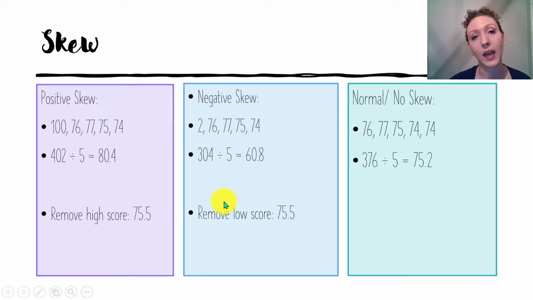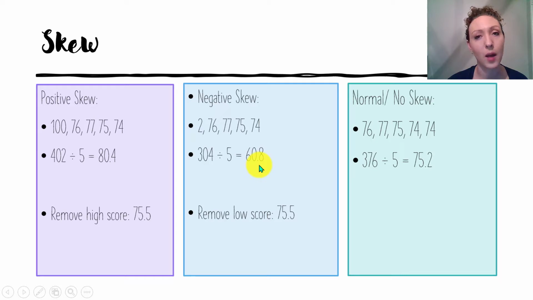So if we look at the negative skew, we can see the same thing. We once again have our cluster of scores in the 70s, around 76, 77, 75, and 74, but we have that one extremely low score of 2. And when we come up with the sum, we have 304. We divide that by 5, and that gives us an average of 60.8.